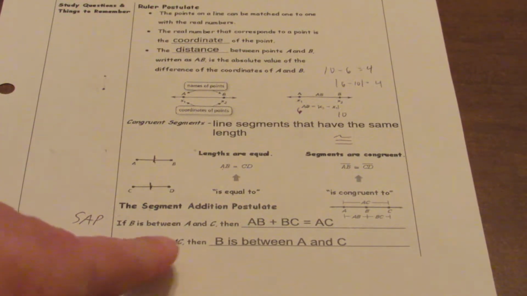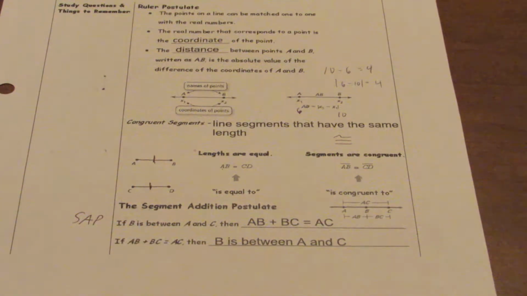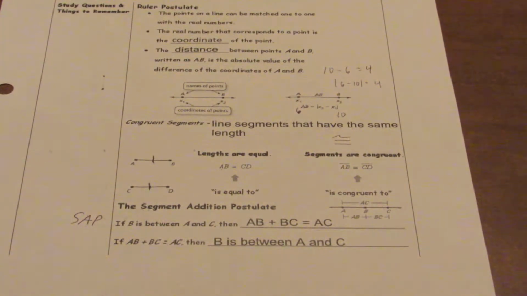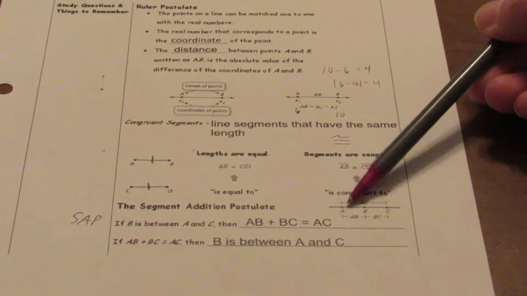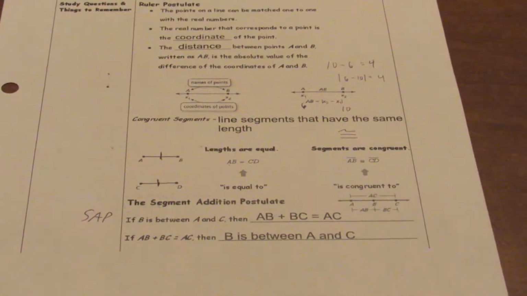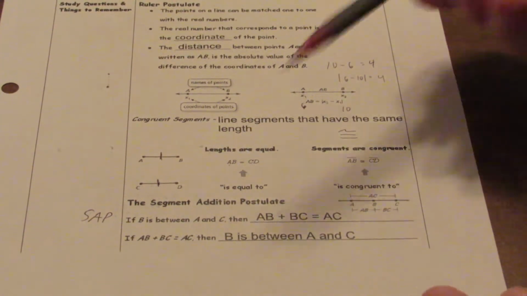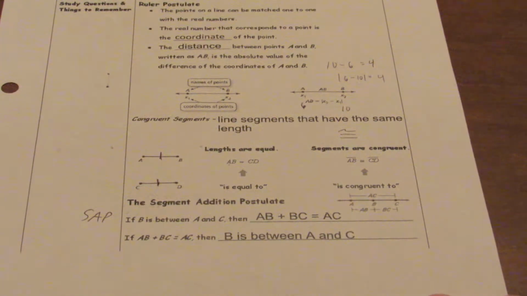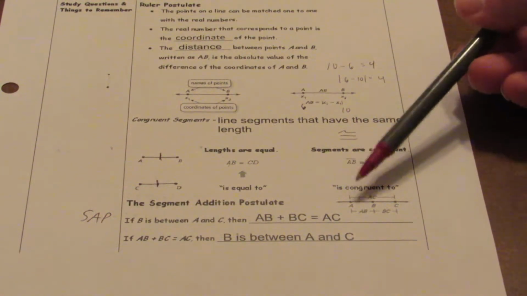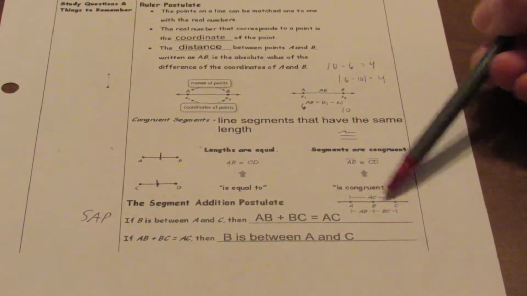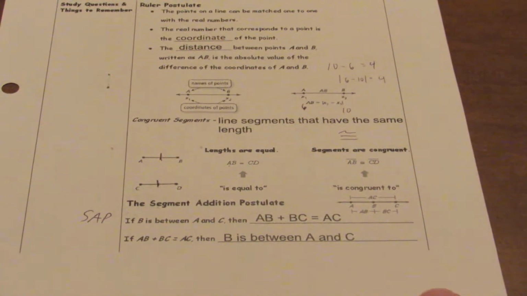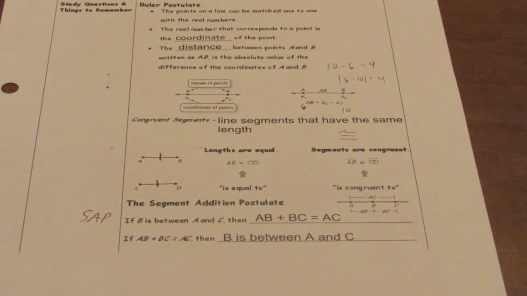And if AB plus BC equals AC, then B is between A and C. An easier way to think of this: 2 parts add up to the whole. Your addition postulates are always adding 2 smaller parts and getting 1 large part. So AB and BC make the whole thing that is AC. That is our segment addition postulate.